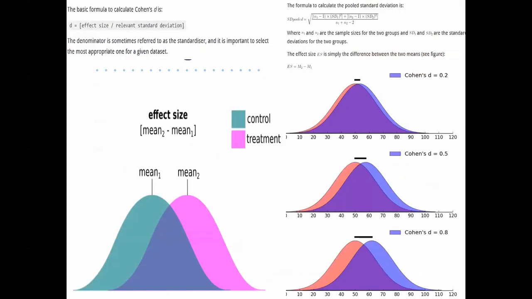So here you can see what is the effect size. The effect size is the mean difference of two different means. And Cohen's-d has quite a large and complicated formula, but can easily be said as the effect size divided by the relevant standard deviation. So here we have three good pictures showing you the Cohen's-d.